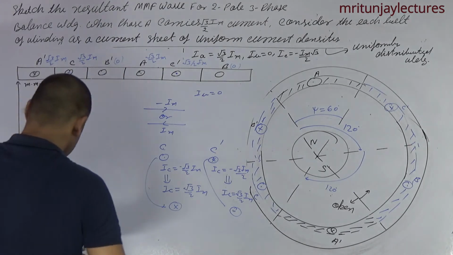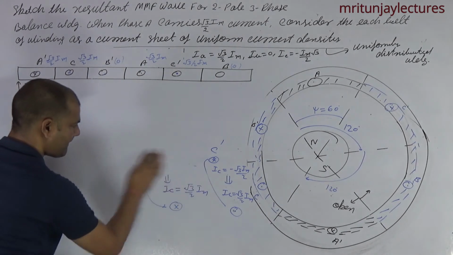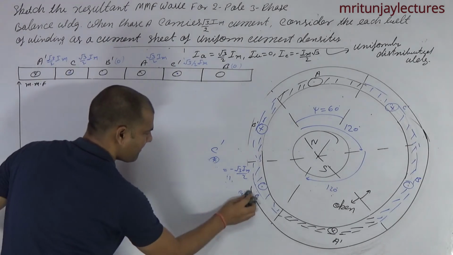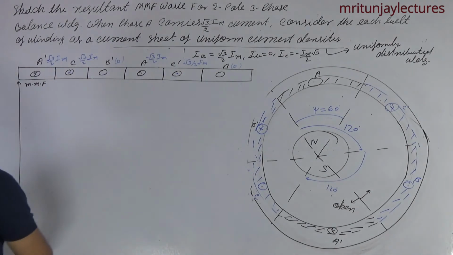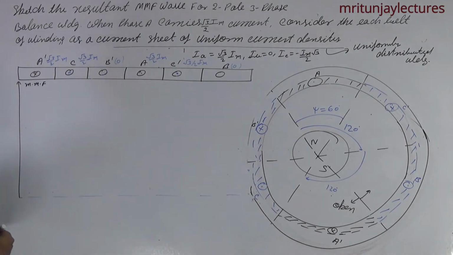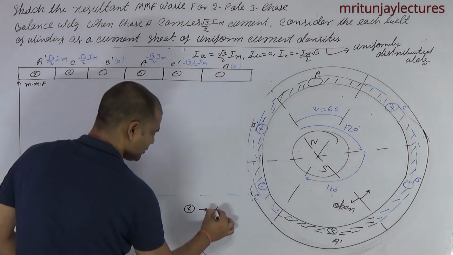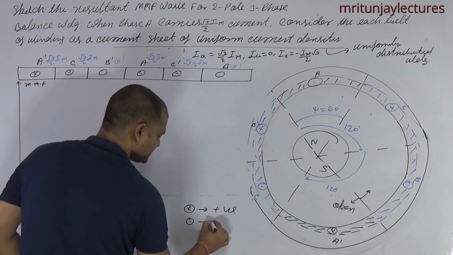Clear? Now draw. Root 3, this is cross, you know that cross means positive and dot means negative.